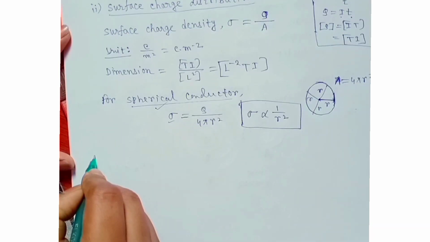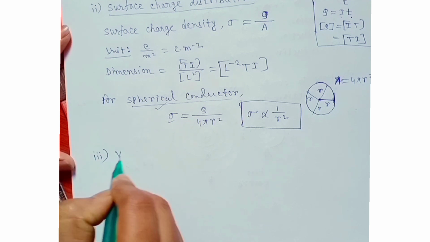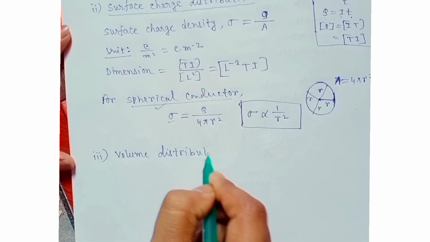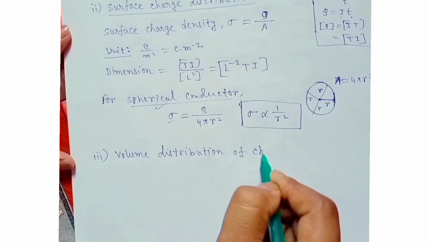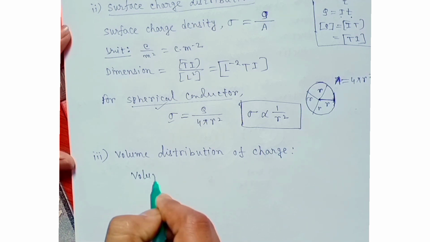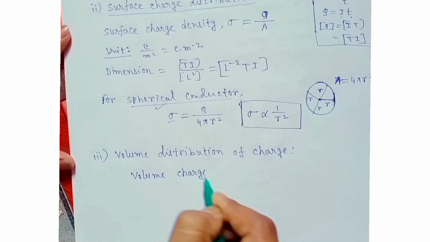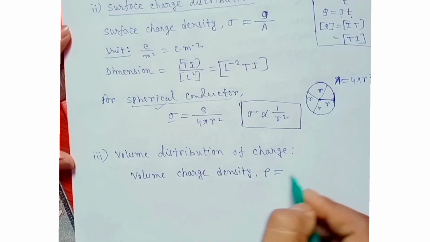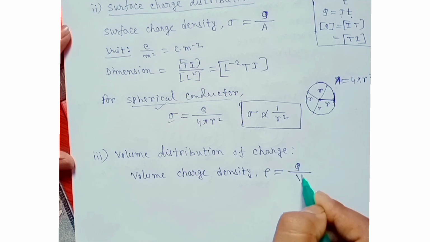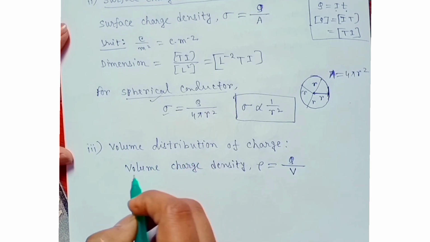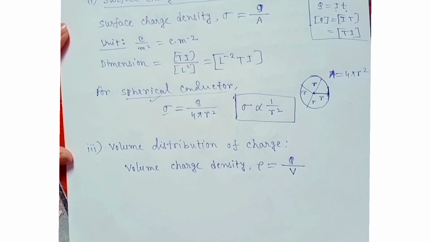Okay. And now the third distribution is volume distribution of charge. Volume distribution of charge, which is measured in terms of volume charge density, which is symbolized as rho, and it is defined as total amount of charge per unit volume. Okay, and obviously this type of charge distribution is possible only for a three-dimensional object like a solid sphere or a cylinder.